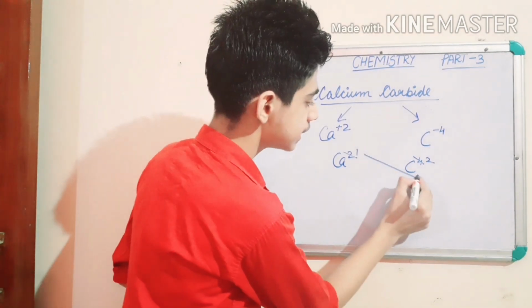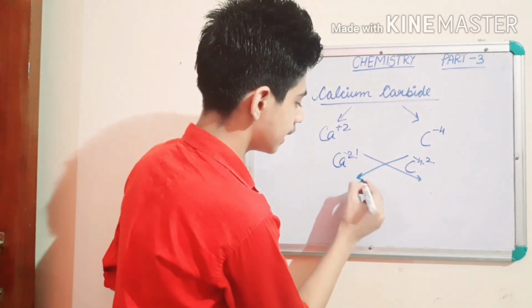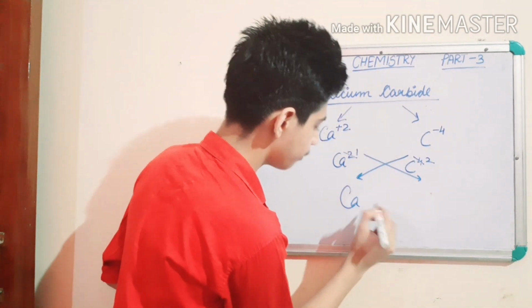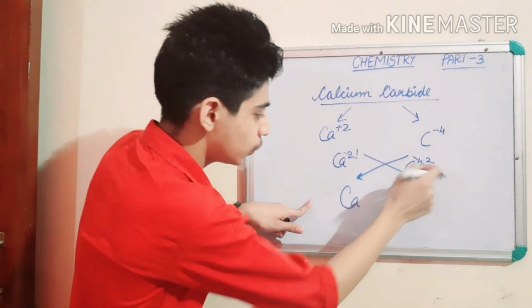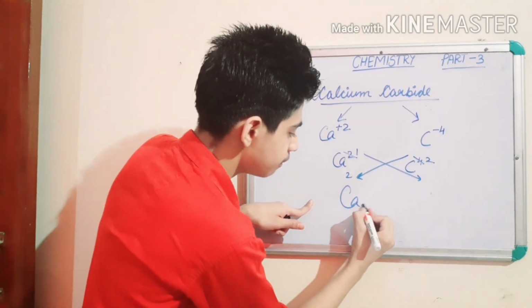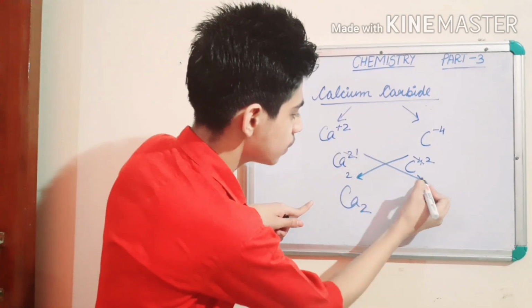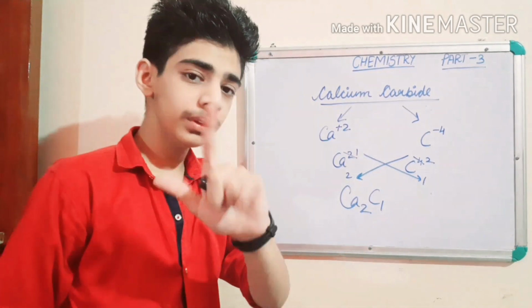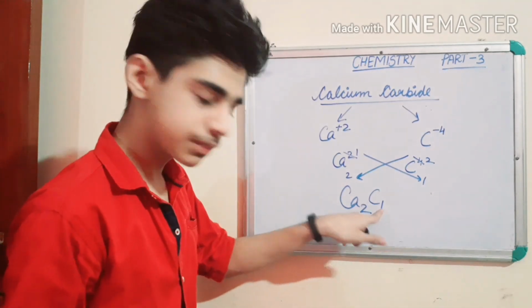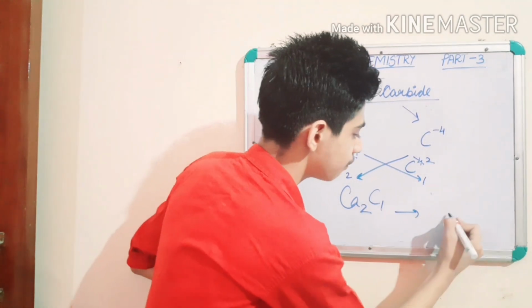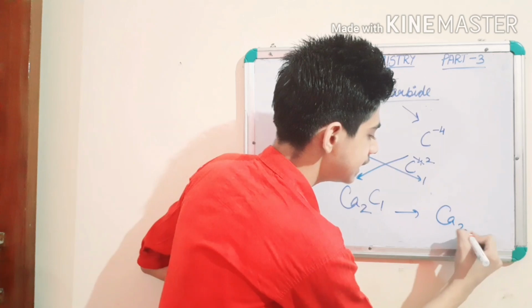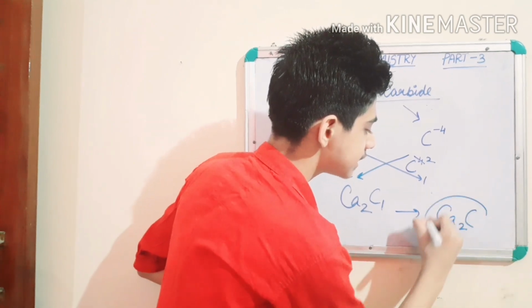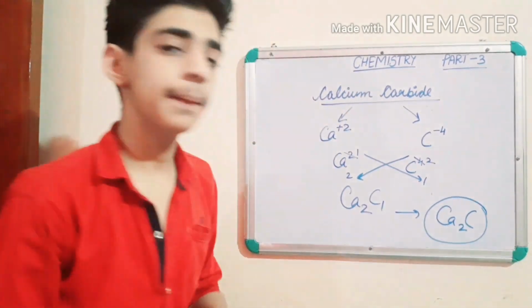Now 1 goes there, 2 comes here. So what will be the formula? Ca we have written. 2 comes here, so it will be Ca2 and 1 goes there, so it will be Ca2C1. I have told you in the first example, no need to write if there is 1. So the formula of calcium carbide will be Ca2C. This is the formula of calcium carbide.